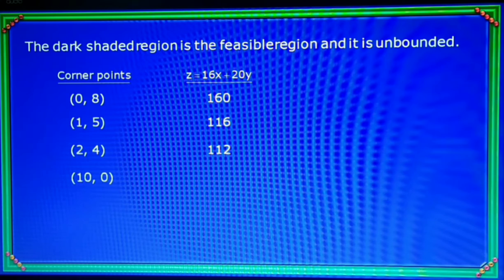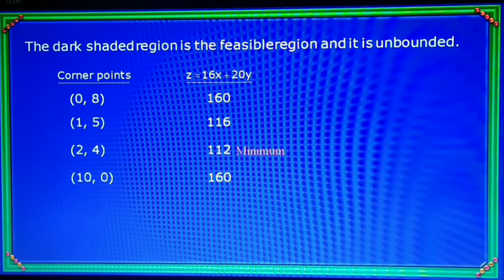When x is equal to 10, y is equal to 0, then Z is equal to 160. Among these four values, 112 is minimum. So, the shaded region or feasible region is unbounded, and also we have got a minimum value 112.